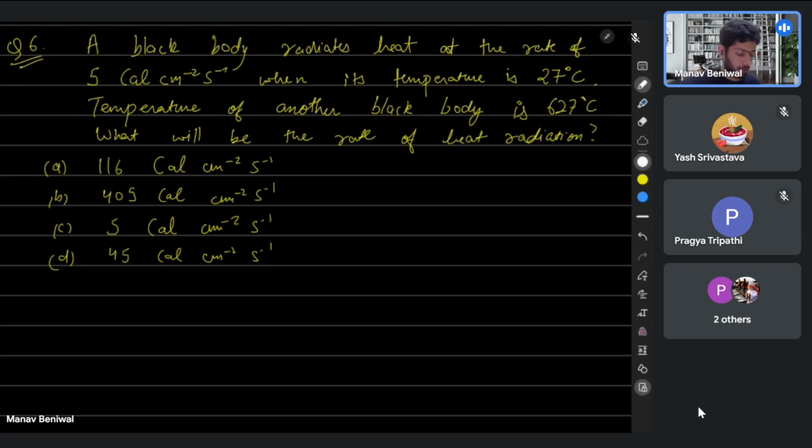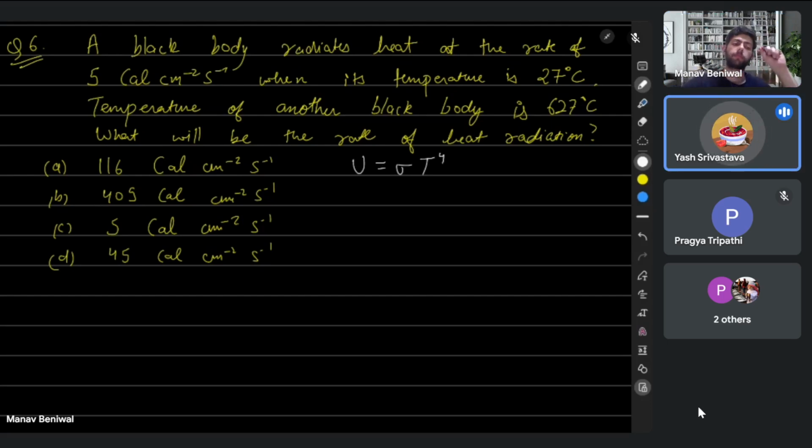Does anyone know how you go about solving such problems? Sir, would we use the formula U is equal to sigma T raised to the power 4? Yes. Can anyone tell me the name of this equation?